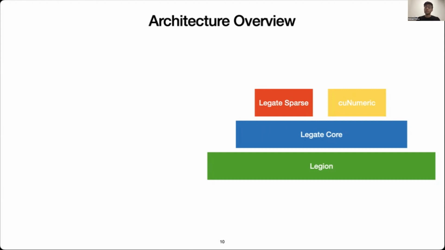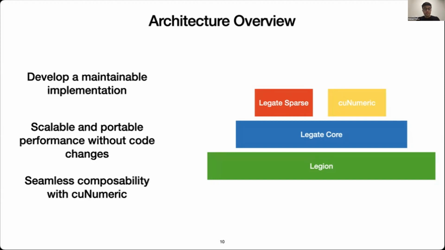Legion is a very low-level C++ tasking-based API, and so we have this middle layer on top of it called Legate Core, which is a friendly Pythonic version of that low-level interface that both Legate Sparse and cuNumeric are built on top of. So Legate Sparse and cuNumeric talk to this middleware layer, Legate Core, which then makes the final operations down to Legion.